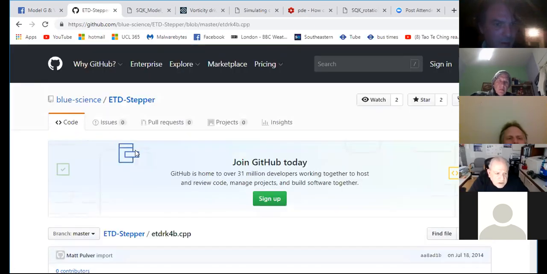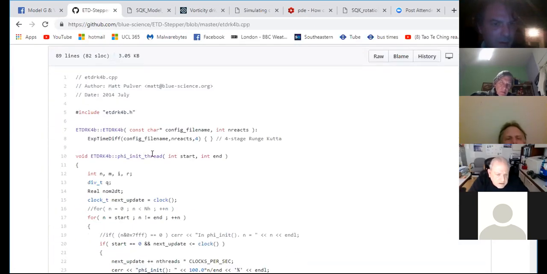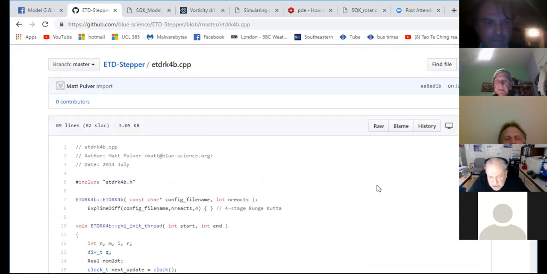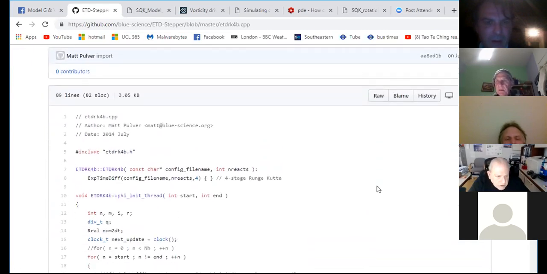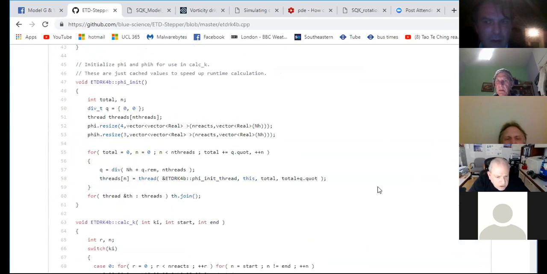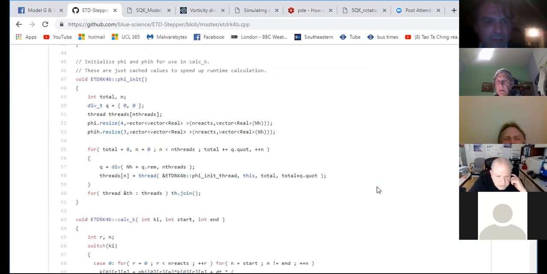So that I think is part of the simulation code, the Runge-Kutta method. It looks like 4-stage Runge-Kutta. That's a mathematical simulation package. Although he says he's the author, he might have gotten it from someplace and made modifications.